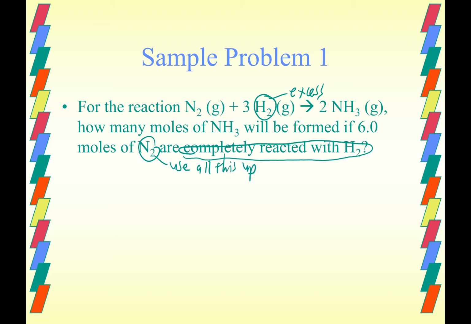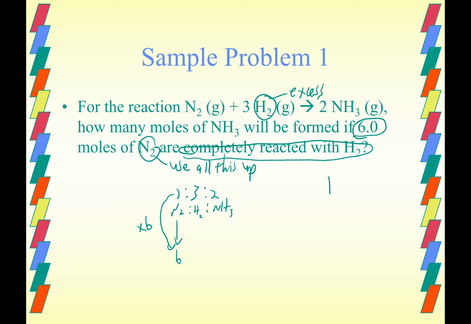So we always need to start with the original ratio from our equation, which is 1 to 3 to 2, nitrogen to hydrogen to ammonia. Now, the question's asking, what if we use 6 moles of nitrogen? So I'm going to say we have 6 here. And in order to get from a 1 to a 6, what we did was we multiplied by 6.